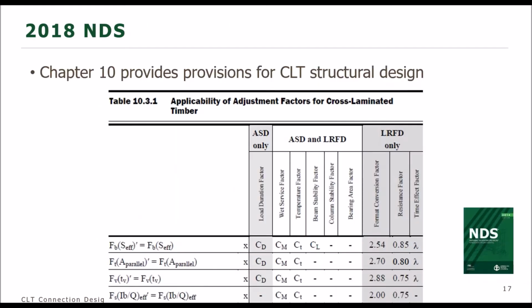Going into Chapter 10, like I said, this is where we find the provisions for CLT structural design. We find our adjustment factors for our design values. The design values would be coming from the manufacturer, and then the appropriate adjustment factors would be applied depending on if you're using an ASD or an LRFD format.